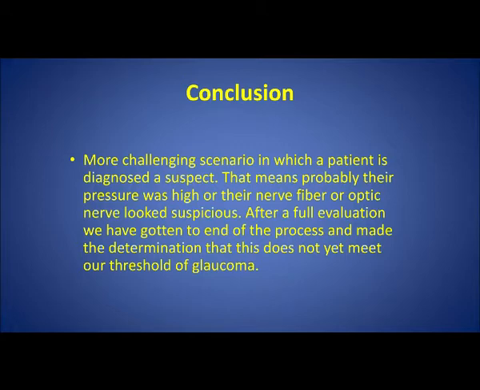That means probably their pressure was high or their nerve fiber or optic nerve looked suspicious. After a full evaluation, we have gotten to the end of the process and made the determination that this does not yet meet the threshold of glaucoma.